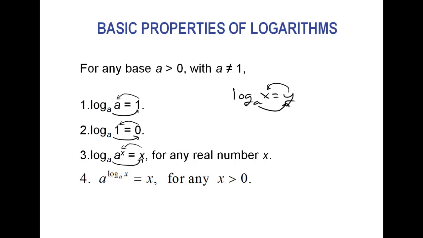Well, log base a of x equals y. So if we take a and raise it to this log base a of x, we're really getting a to the y, which we just said a to the y equals x. So you can see taking the base number and raising it to a power of the log, they undo each other. These things are inverses. So a power of a log and a log of a power, because here's a log of a power, gets you back to x. Inverses.